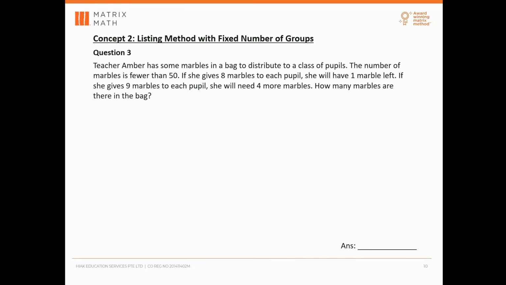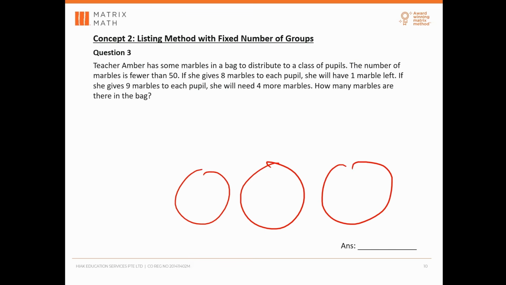So when I have, let me just annotate this. When I have groups, then I distribute marbles. How many? 8. So 1, 2, 3, 4, 5, 6, 7, 8. And then I put 8 in one group, for example. So what is this one group referring to?